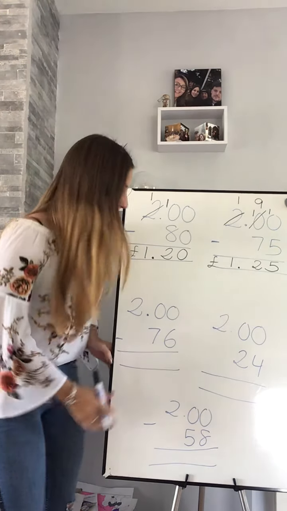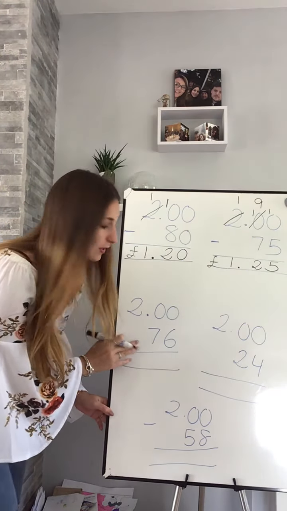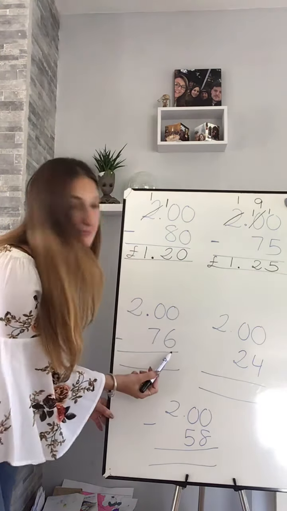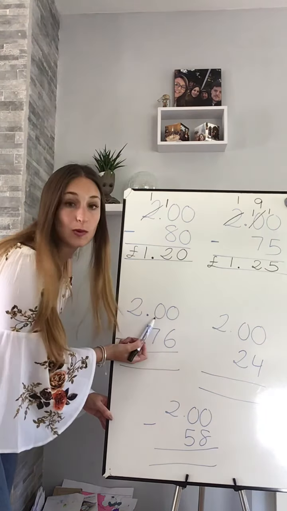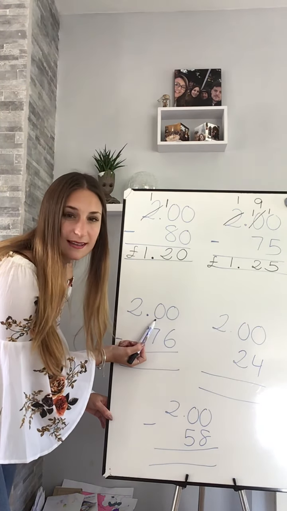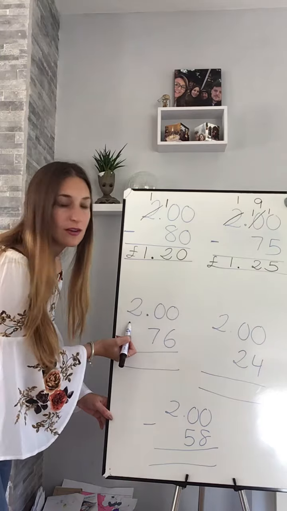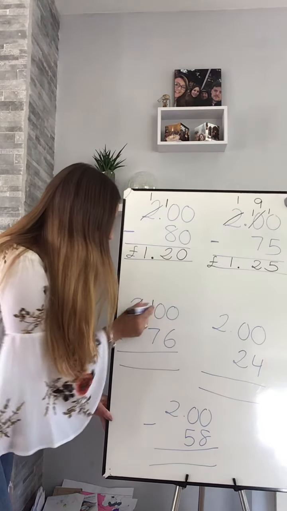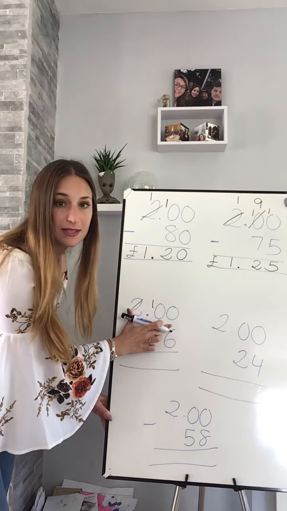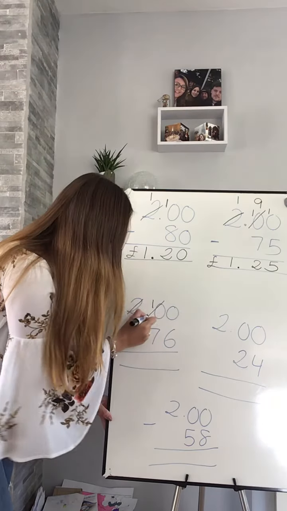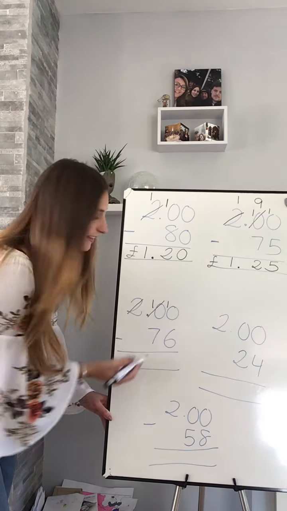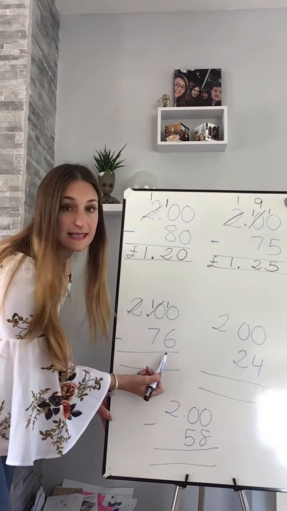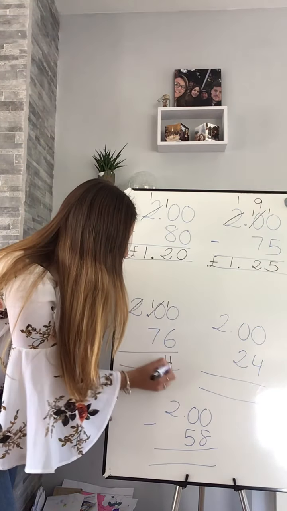Okay? Right, let's go for this one together. 0 take away 6, I cannot do that, so I'm going to borrow from my next column. Actually, I cannot either, so let's get it from my hundreds to my tens. I have 10. Can I borrow it now? I can. 10 take away 6 is 4.